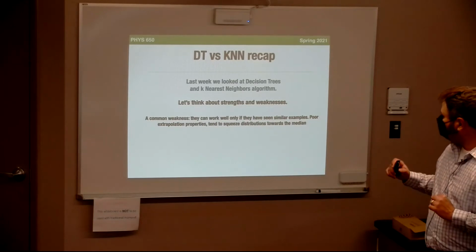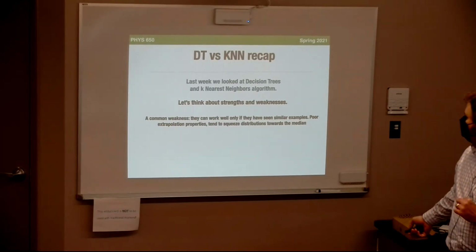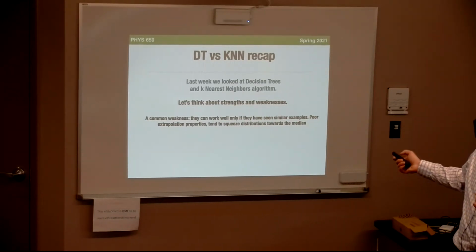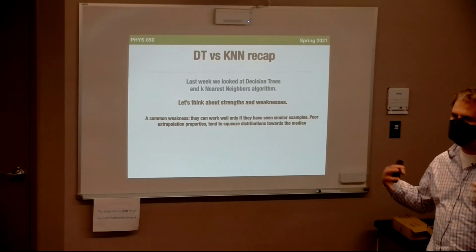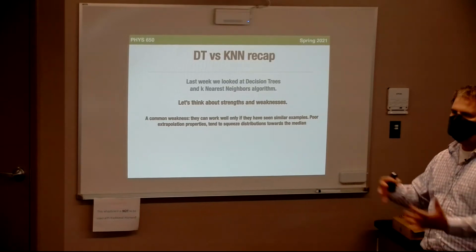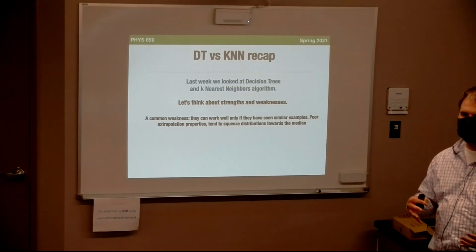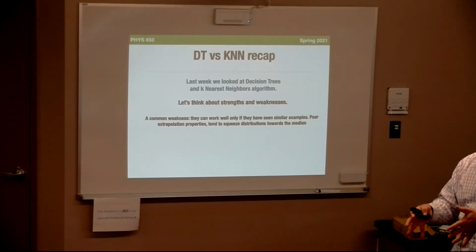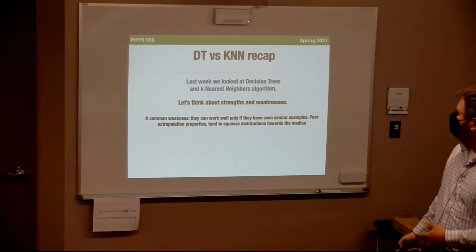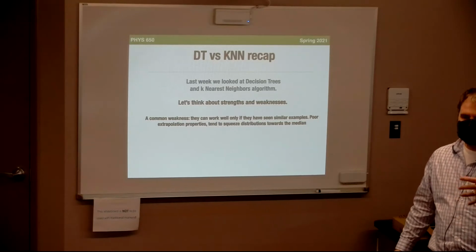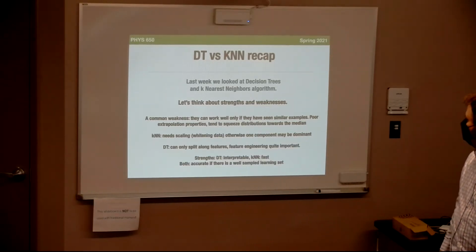And so a common weakness is that you have a machine learning model that works well on your training set but extrapolates very poorly, and doesn't do particularly well on new data sets. You've trained it on something and it works great there, so it looks good on paper, but then you try to extrapolate, try to go to new values, and it doesn't work.